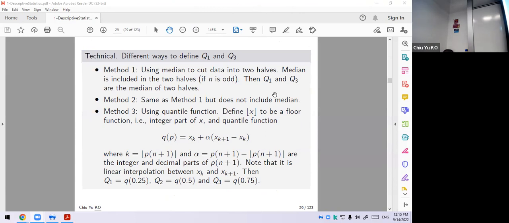The first quantile is 0.25, a quarter times n plus 1, and you round down to get the integer. Say the case is 3.25, you take the 3. Alpha is just the decimal number, which will be 0.25 of x4 minus x3. The formula looks crazy, but when you apply it, you find it very simple.